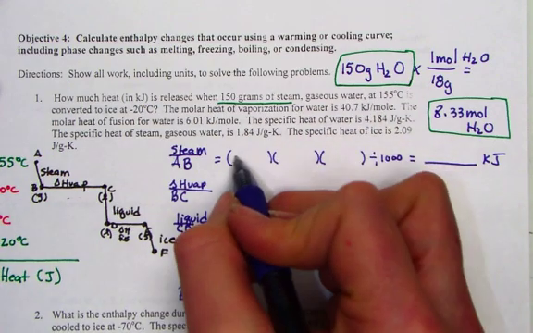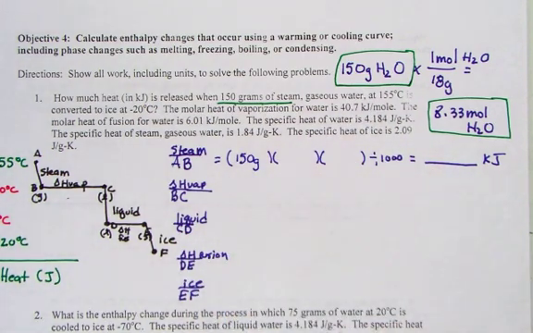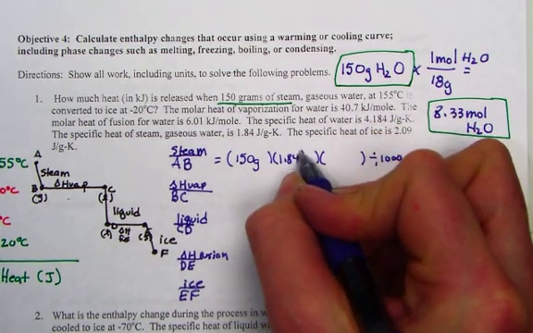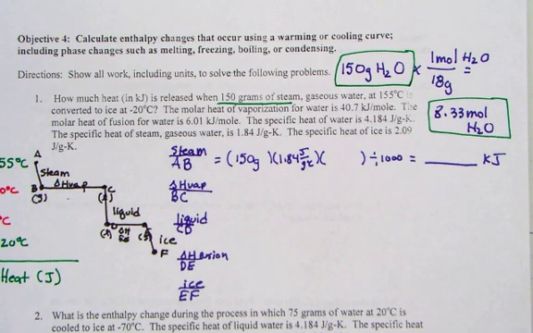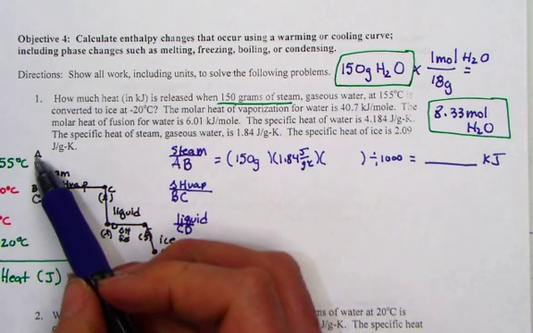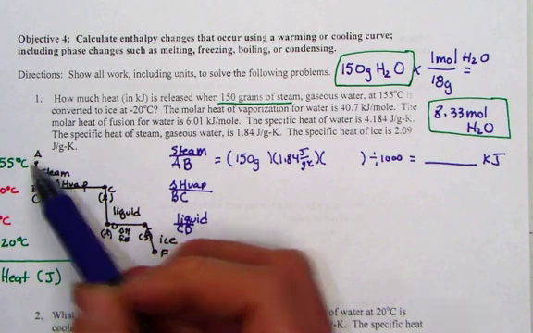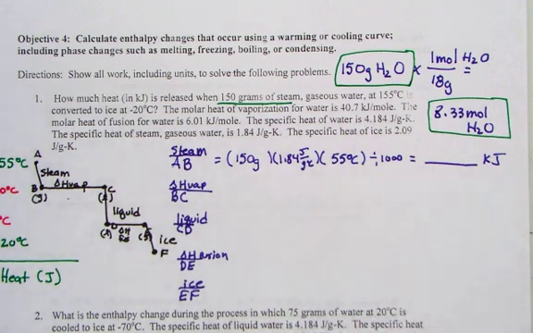The mass we said was 150 grams. Our specific heat for steam, looking at your test taking tool page, that value is 1.84 joule per gram degree Celsius. The ΔT is taking me from 155 down to the point B, 100. It has changed by 55 degrees Celsius.